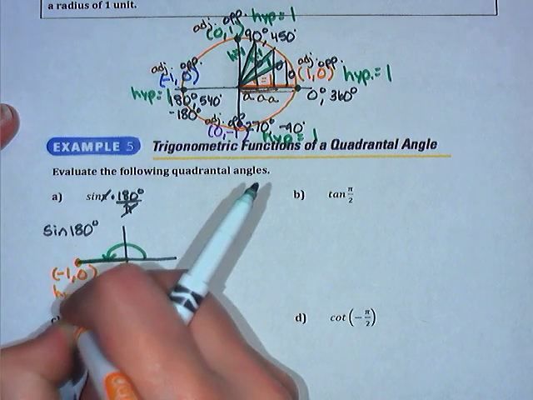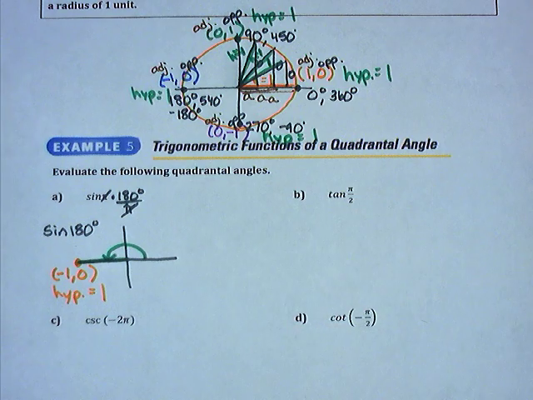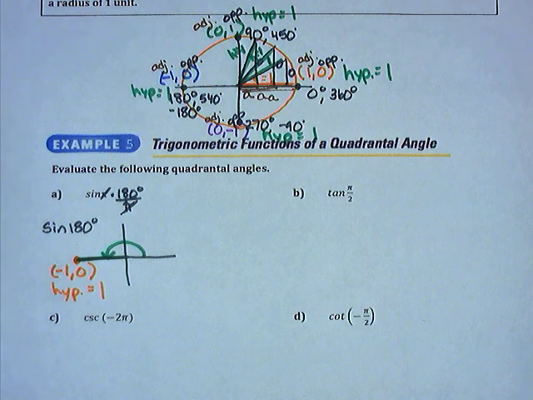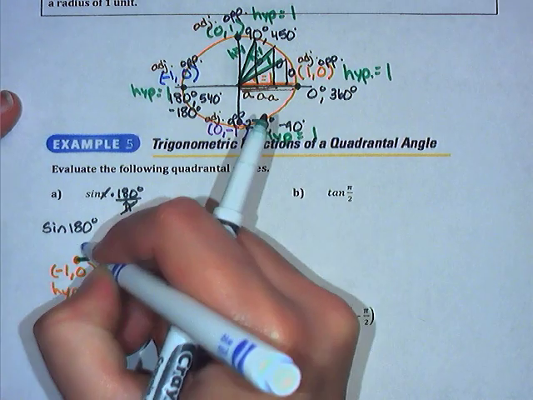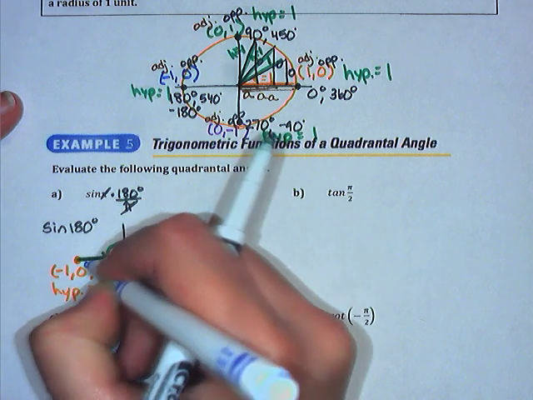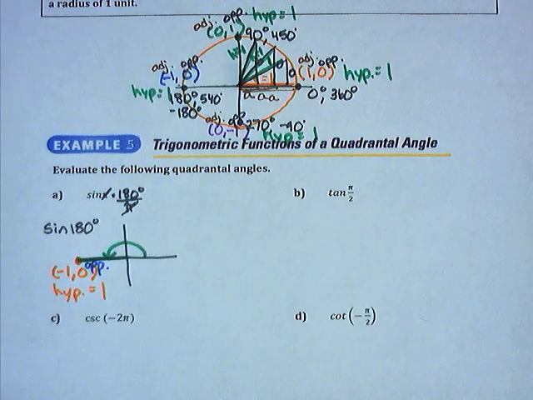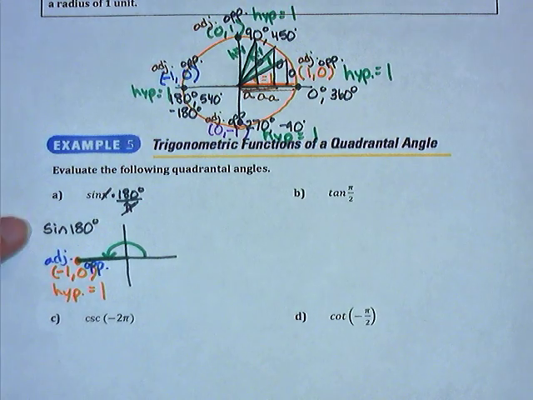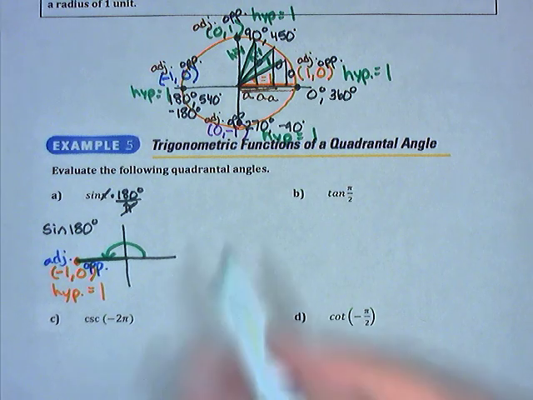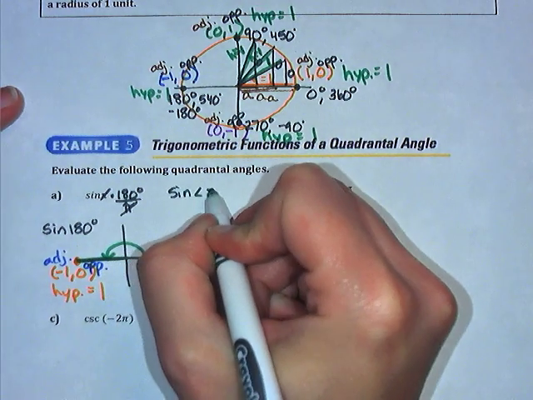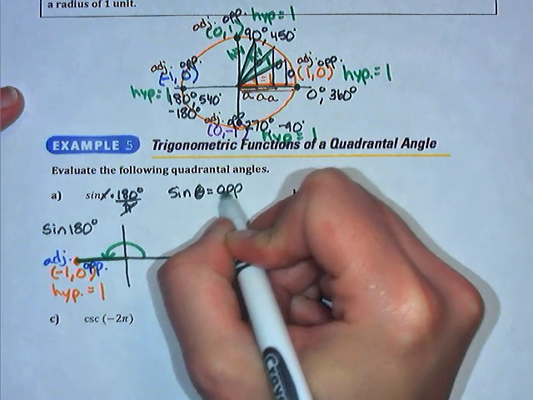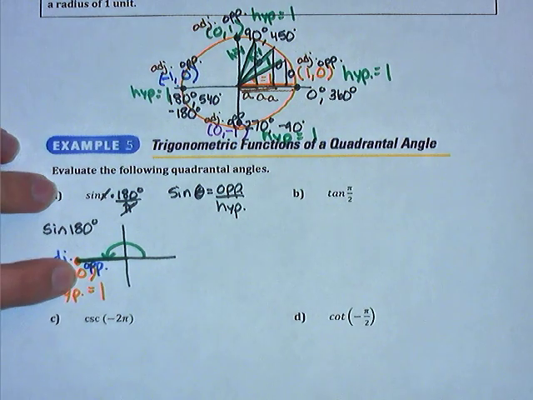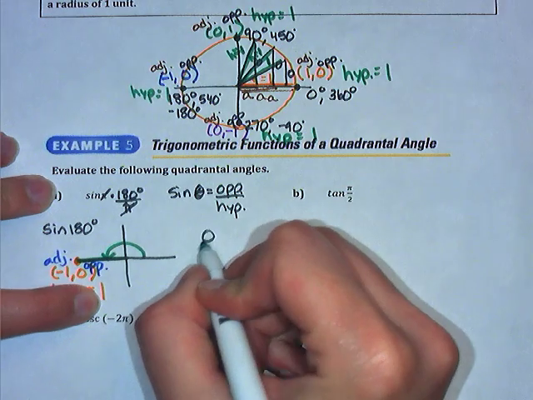What's the hypotenuse? 1. All 4 of those axis angles, the hypotenuse is 1. Your opposite is vertical. That's your 0. It doesn't have an opposite because you don't have a triangle. Your adjacent is negative 1. And if you remember, sine of an angle is opposite over hypotenuse. So we just put 0 over 1, or 0.